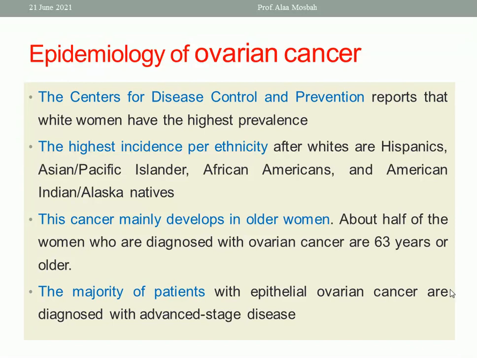The cancer mainly develops in older women. About half of the women who are diagnosed with ovarian cancer are 63 years or older, and the majority of the patients with epithelial ovarian cancer are diagnosed with advanced stage disease.